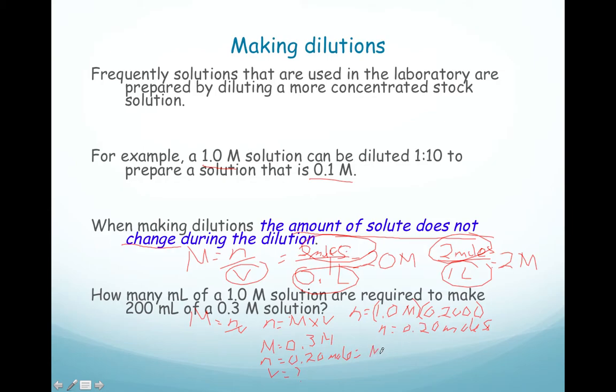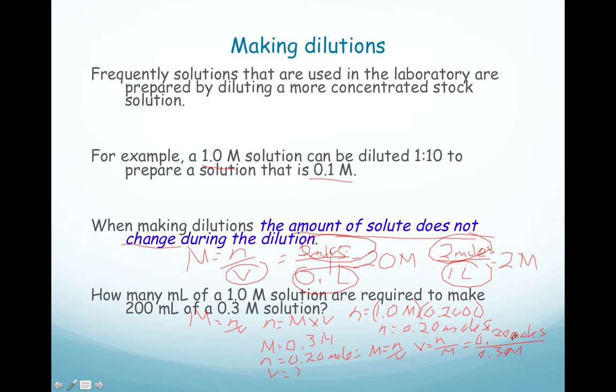So we can take my M equals n over V, and we can solve it for V. And so we're going to get V equals n over M. So V equals n is 0.20 moles, and M is 0.3 molar.